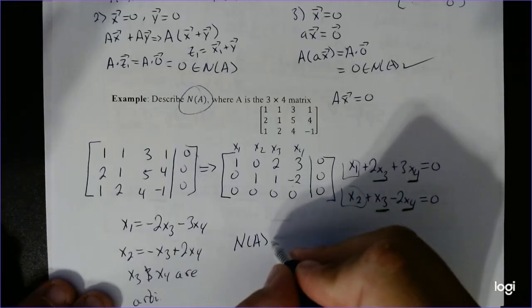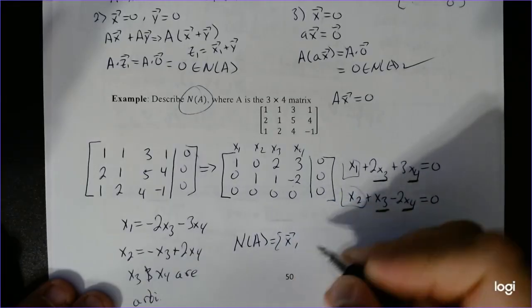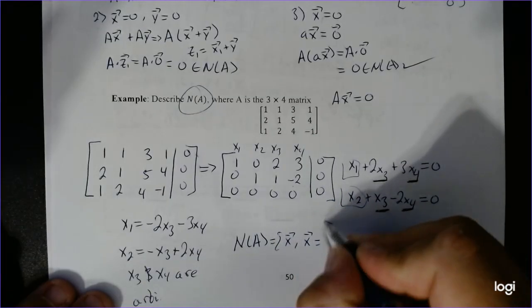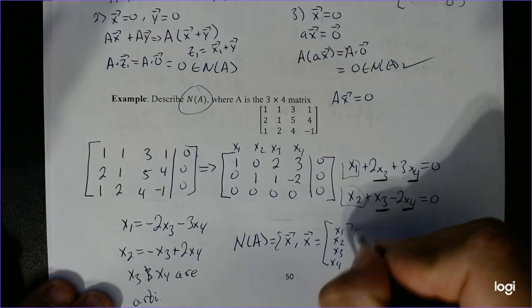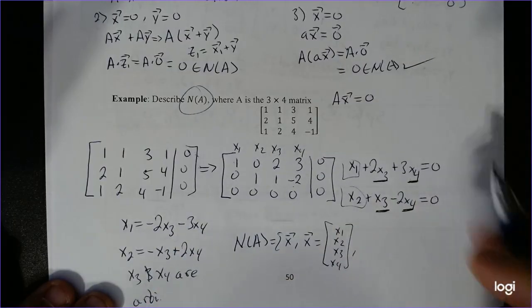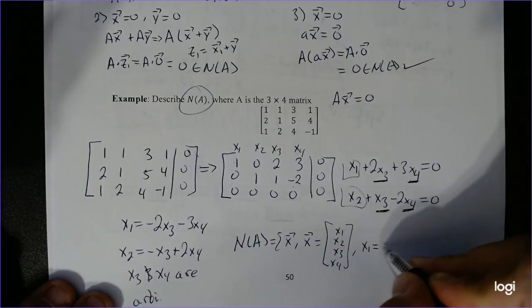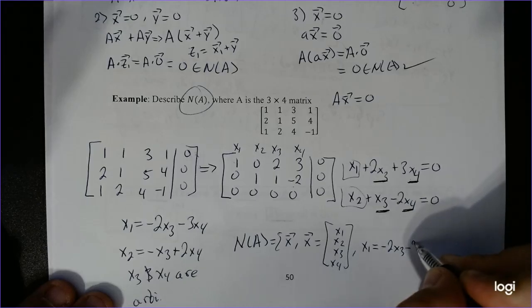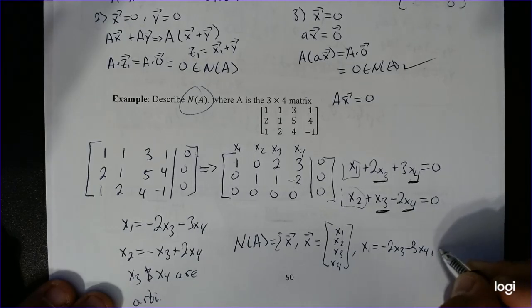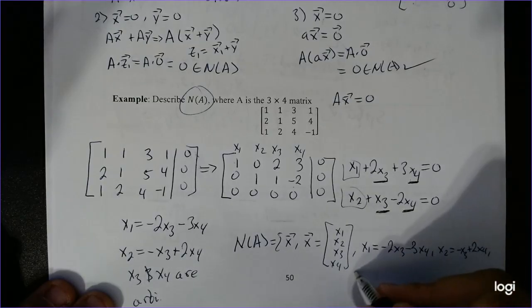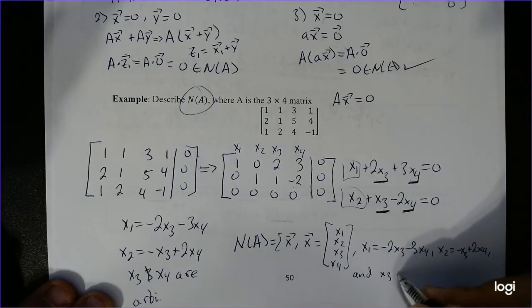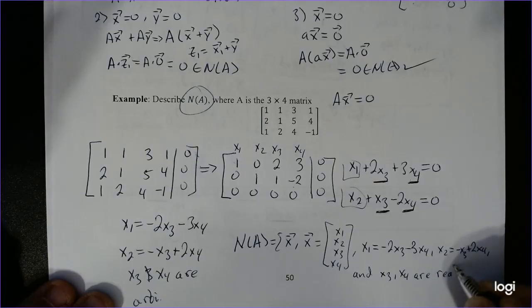So the null of A is any vector x such that this vector x is x1, x2, x3, and x4 such that these conditions hold, and x3, x4 are real numbers.